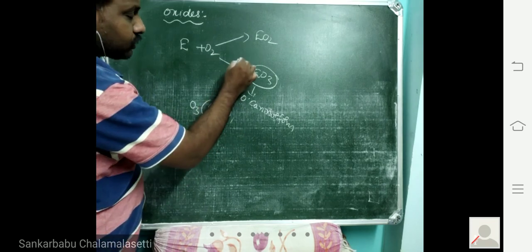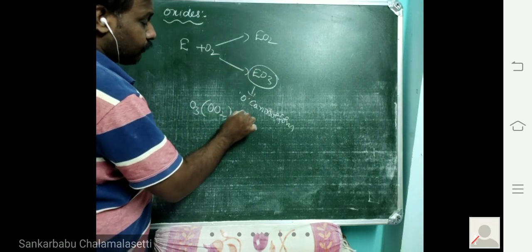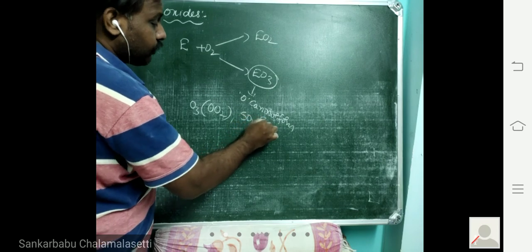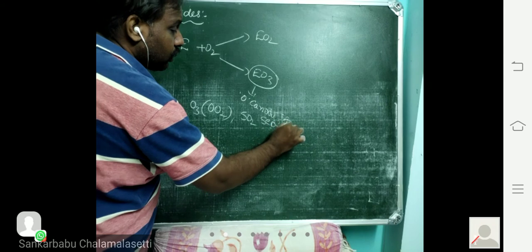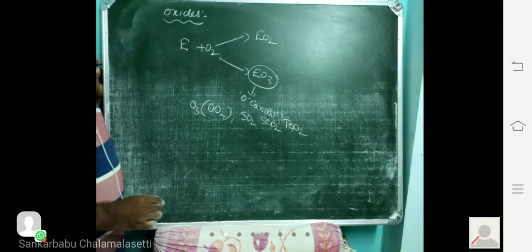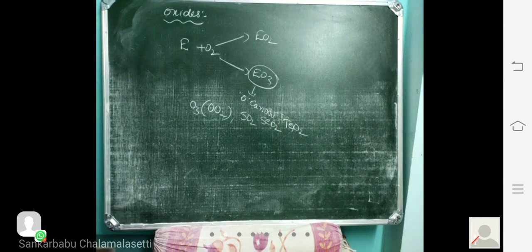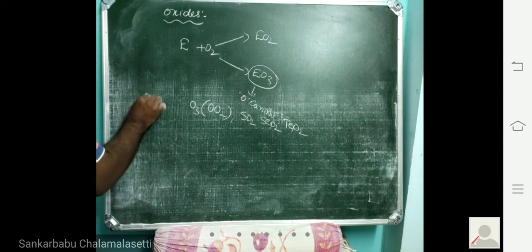The dioxides formed by the others are SO2, SeO2, TeO2.